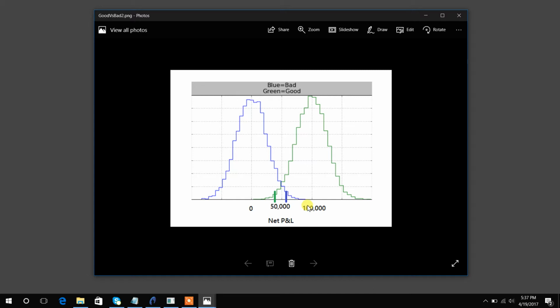These little dashes, let's just say, are two different backtest results that come from two different distributions. Obviously the blue dash is from the blue distribution, which is this hump, and the green dash is a backtest that is part of this other distribution.